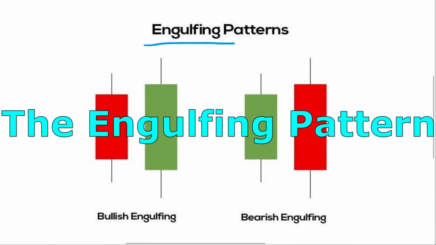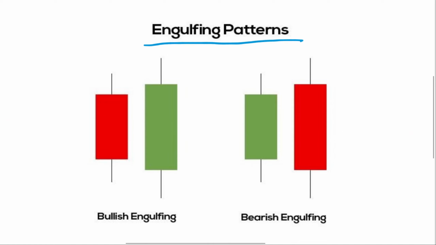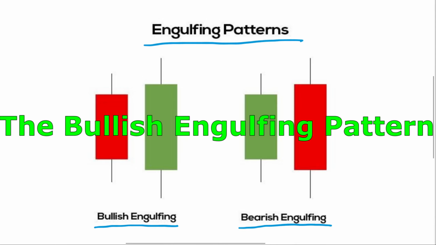Okay, so the engulfing pattern, what is it? Well, we have 2 different types of engulfing patterns: the bullish engulfing pattern and the bearish engulfing pattern. Let's start by explaining the bullish engulfing pattern, what defines it, and what it means. The bullish engulfing pattern consists of 2 candlesticks.